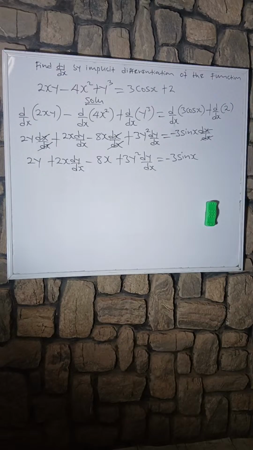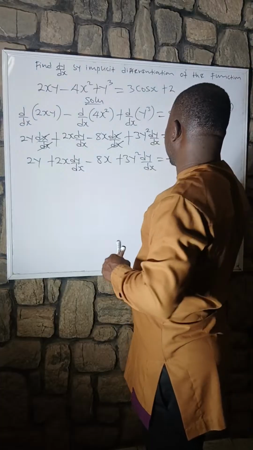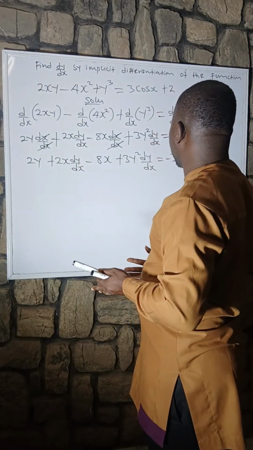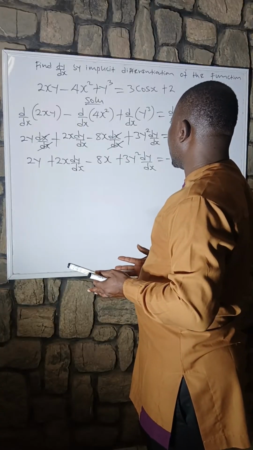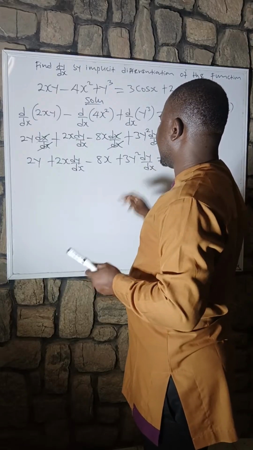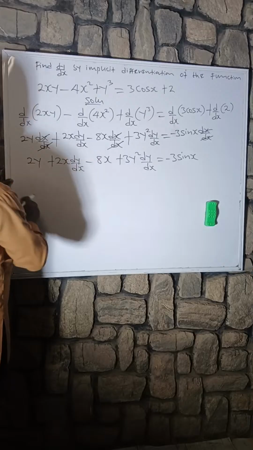So this implies that this and this will move to this side, then this and this will be on one side. So as you can see now, we are going to have this and this on the left hand side.